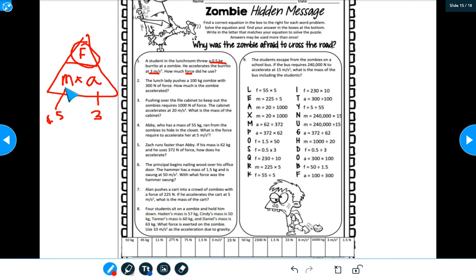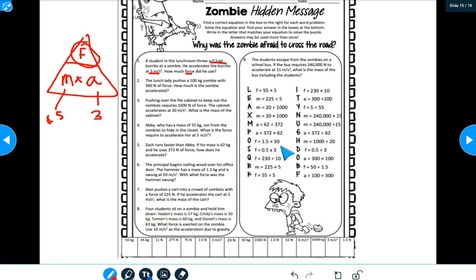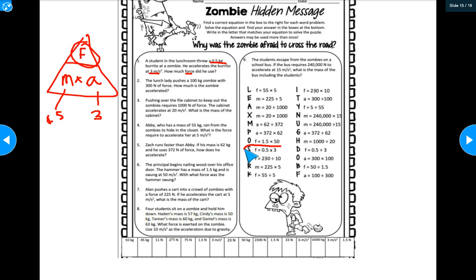To figure out force, all I have to do is take 0.5 times 3. So I find over here 0.5 times 3 is right here. All I have to do is circle it.